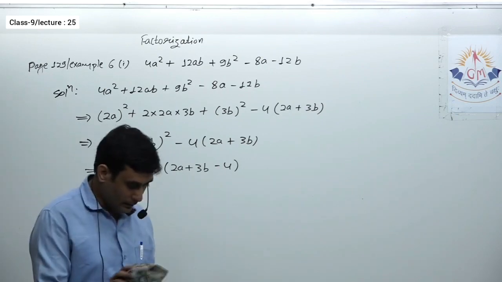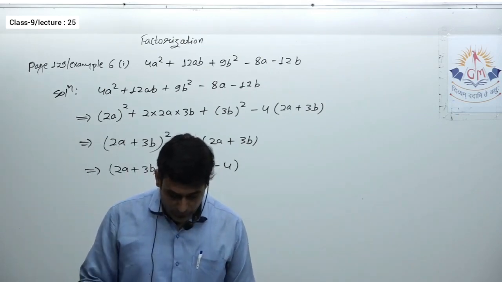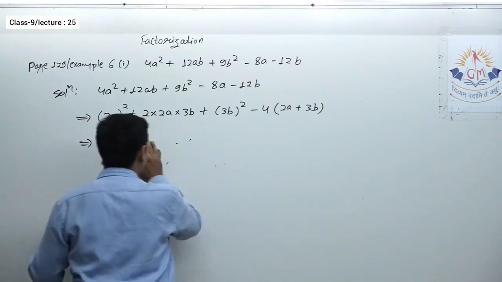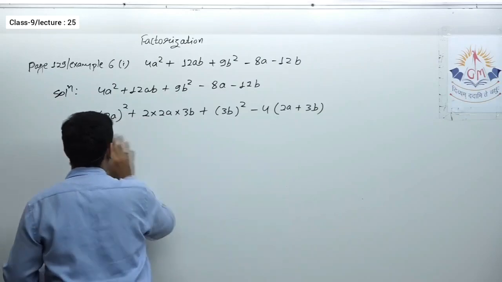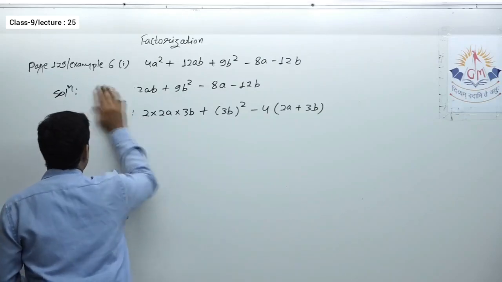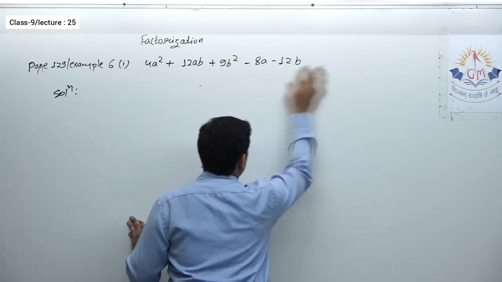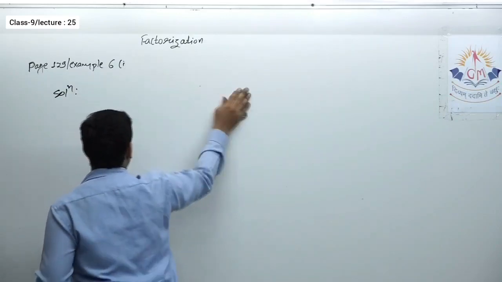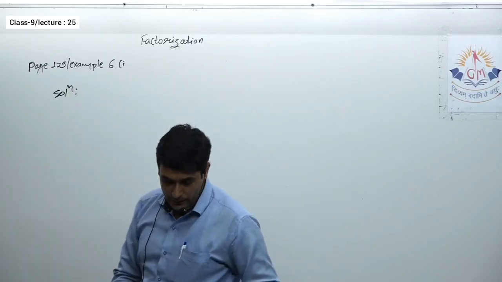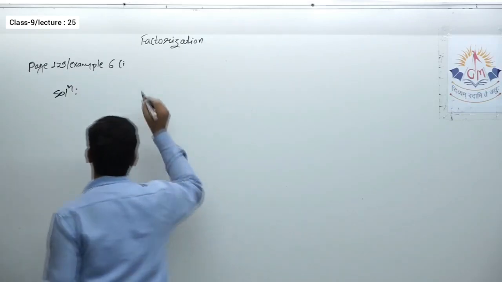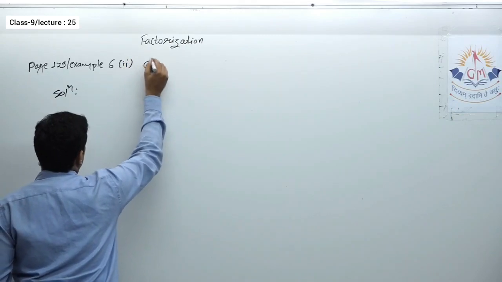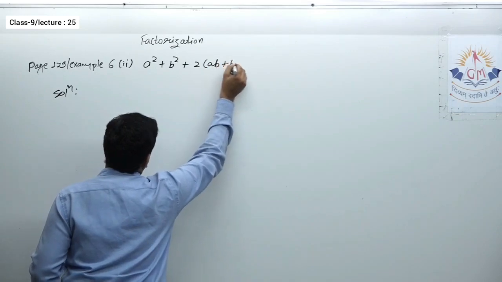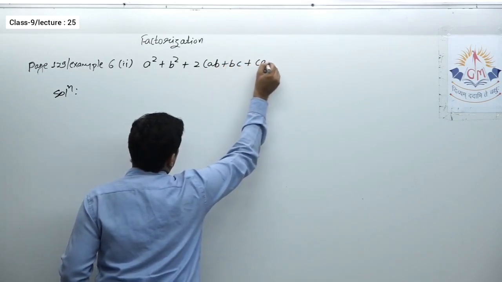Okay, now let us see the second part of the question number 6 itself. Second part of the question number 6. Okay, it is a square plus b square plus 2ab plus bc plus ca.